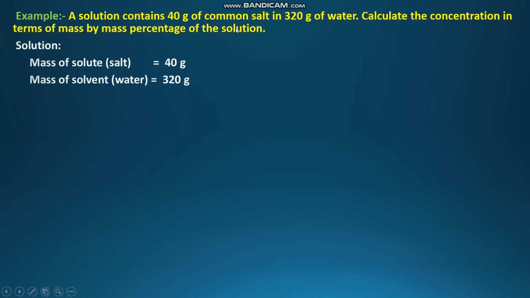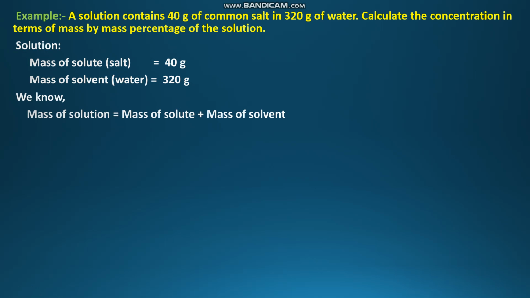Mass of solvent, the water, is 320 gram. So we can find out the mass of the solution. Mass of solution is equal to mass of solute plus mass of solvent. So 40 plus 320, we get 360 gram.